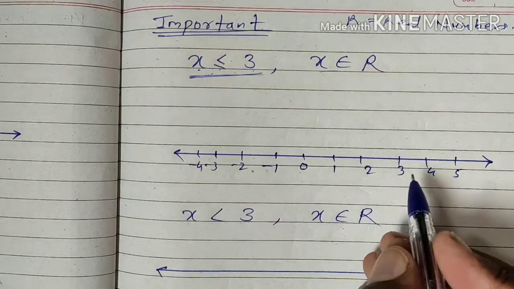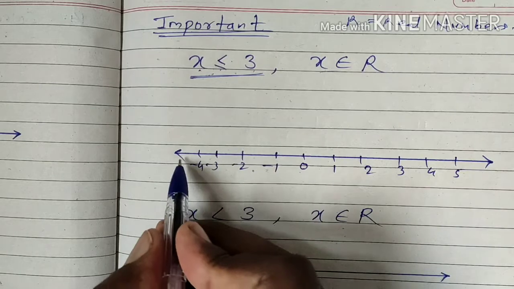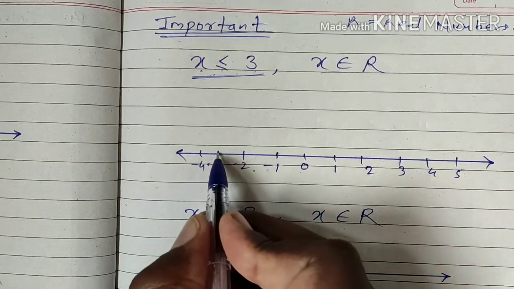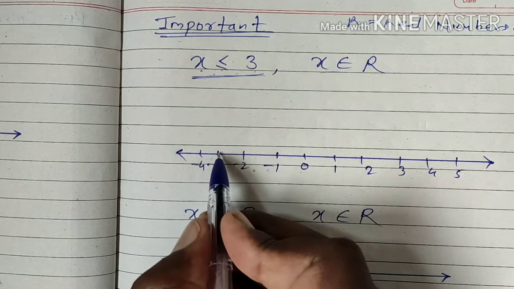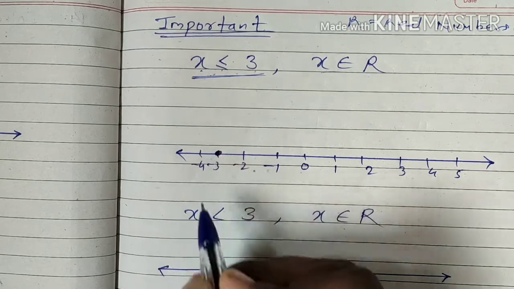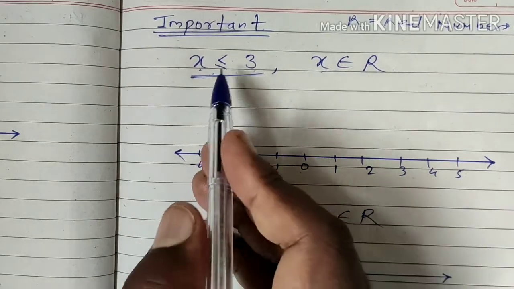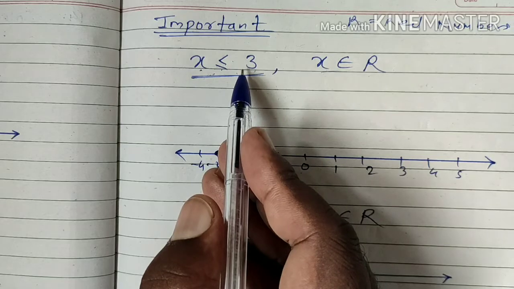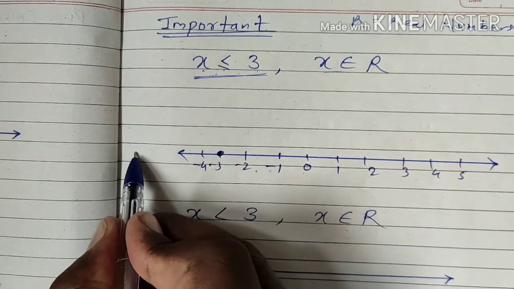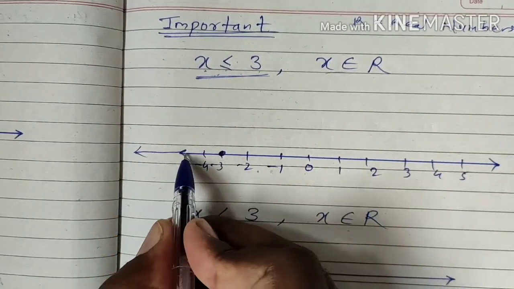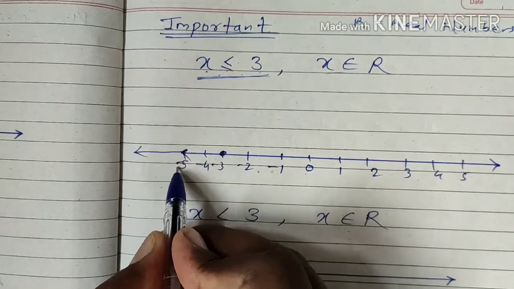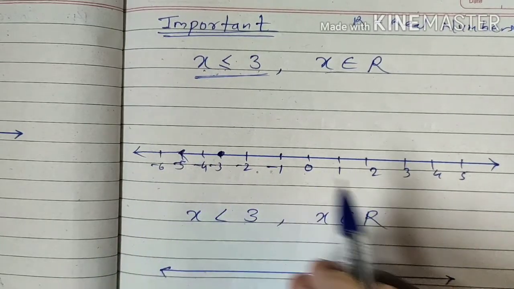That means minus 3 is also included, and all the numbers less than minus 3 are also included: minus 4, minus 5, minus 6, like that.